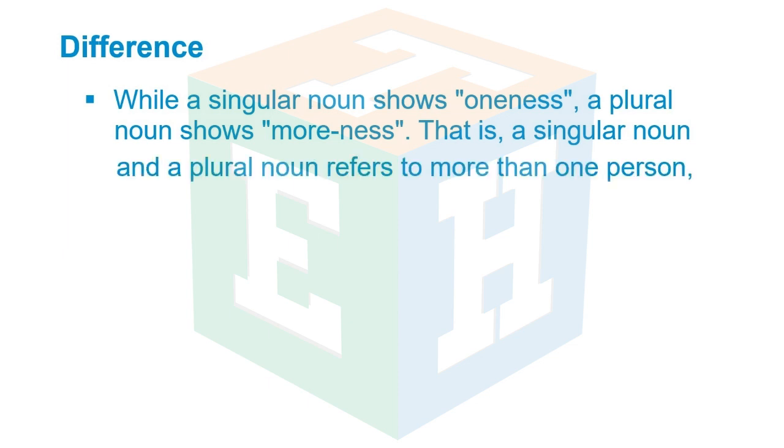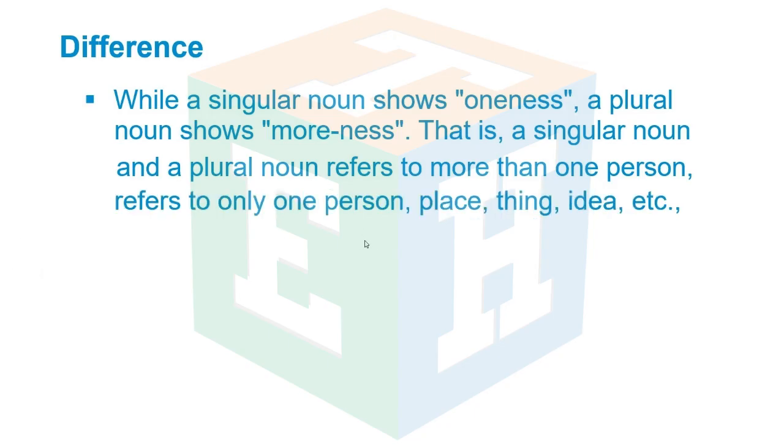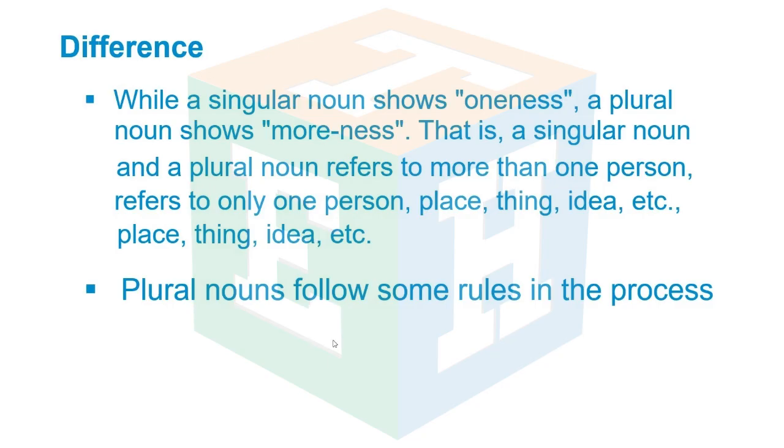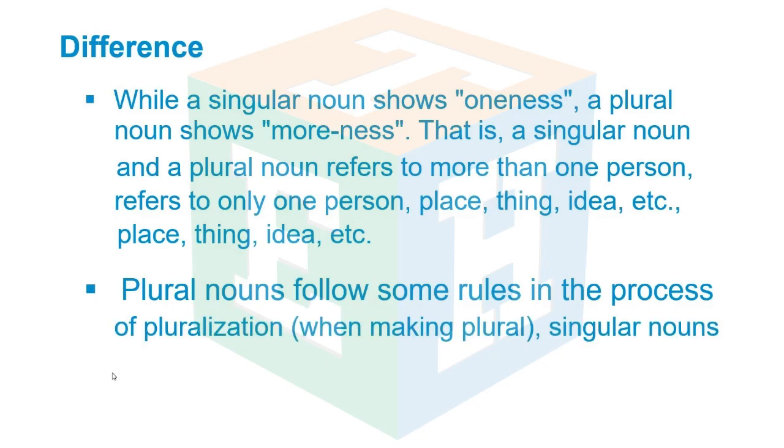That is, a singular noun refers to only one person, place, thing, idea, etc., and a plural noun refers to more than one. Plural nouns follow some rules in the process of pluralization. Singular nouns, on the other hand, do not follow them.